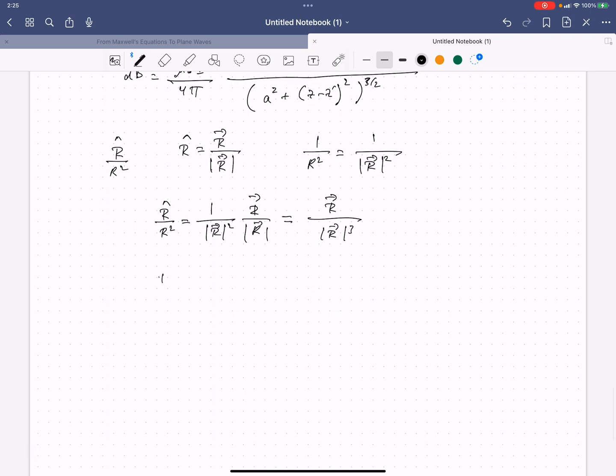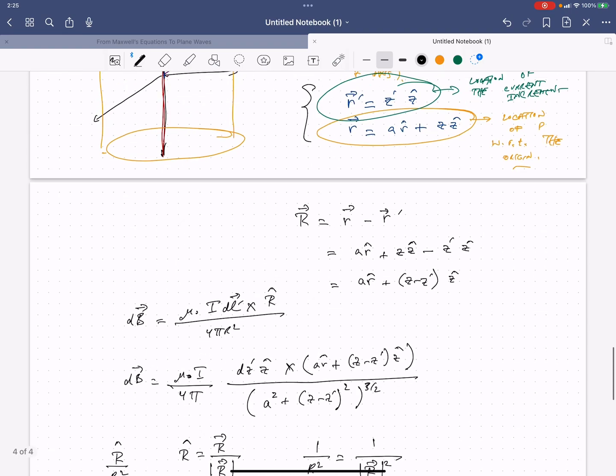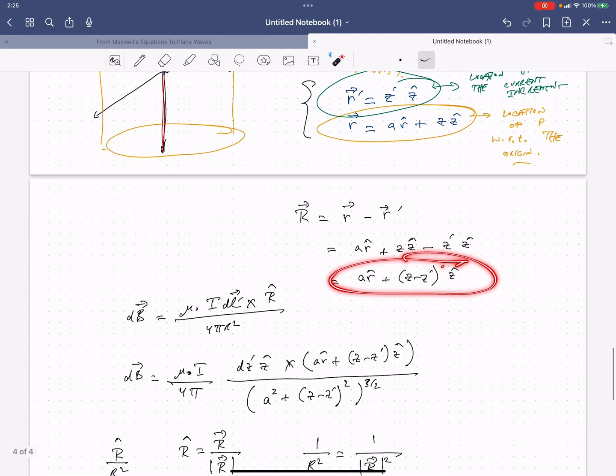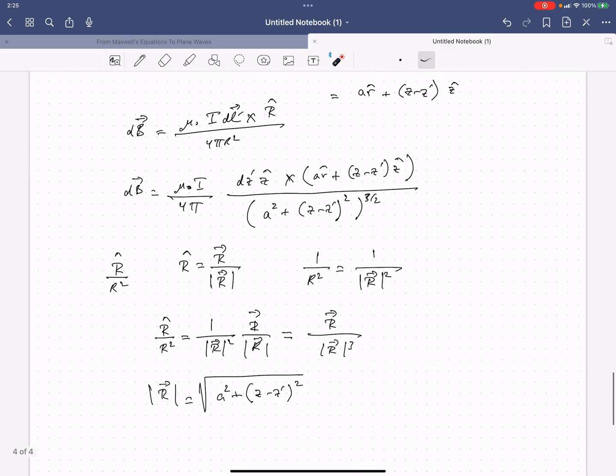And the amplitude of R is the square root of A squared plus Z minus Z prime squared. That's coming from here. If I want to figure out the amplitude, it's just these two, square root of.